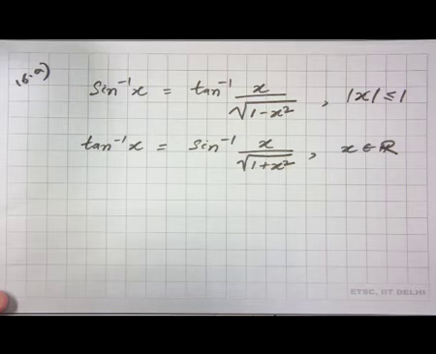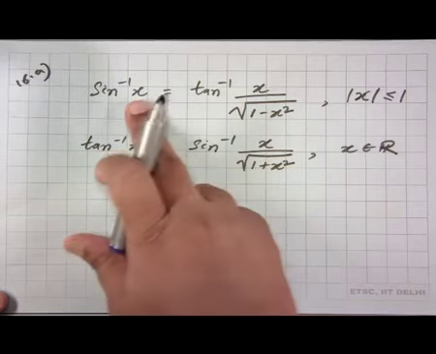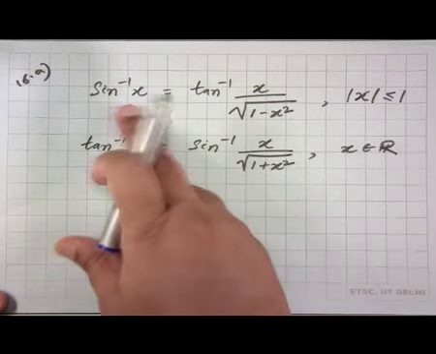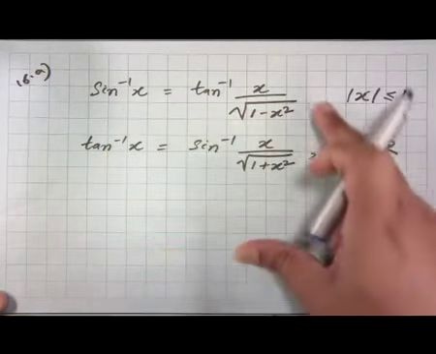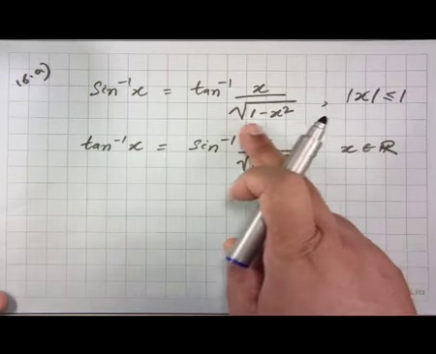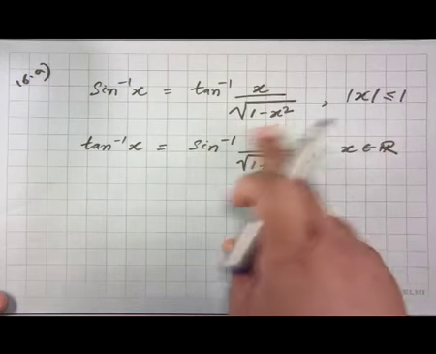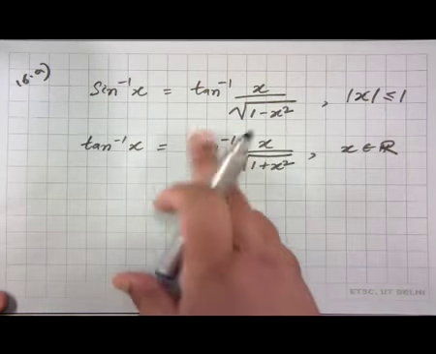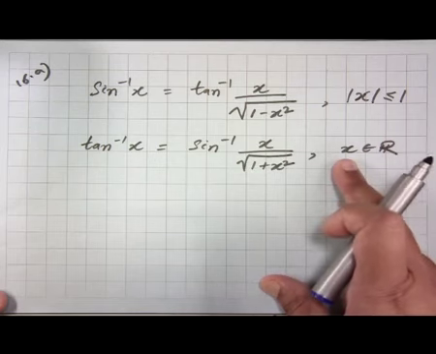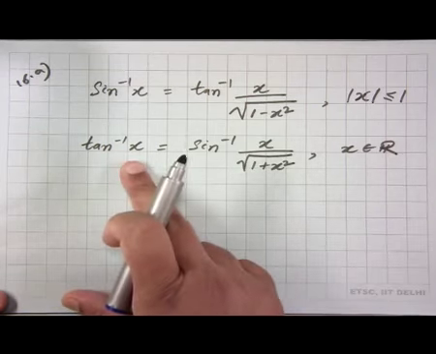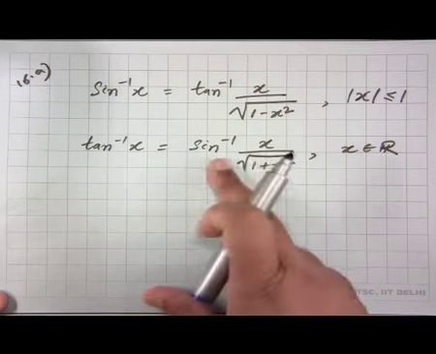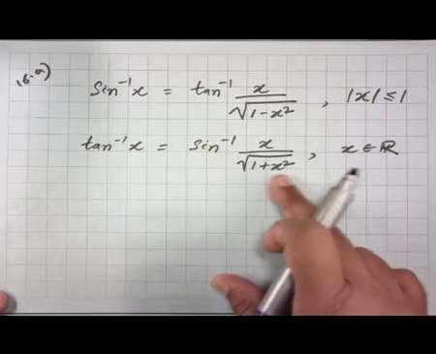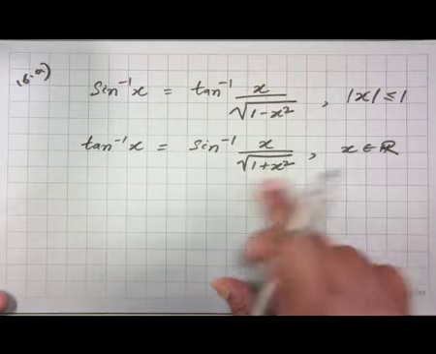What we had shown was that for any x such that mod of x is less than or equal to 1, sine inverse x is equal to tan inverse of x upon square root of 1 minus x square, where this is the positive square root, and the reverse formula was for any real x. We had also shown that tan inverse x is equal to sine inverse of x over square root of 1 plus x square, where this is again the positive square root.